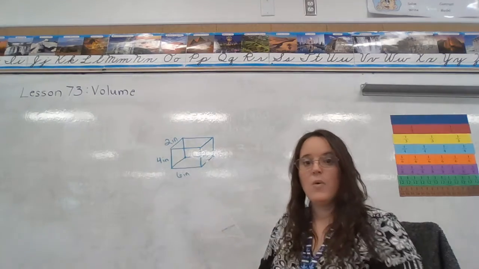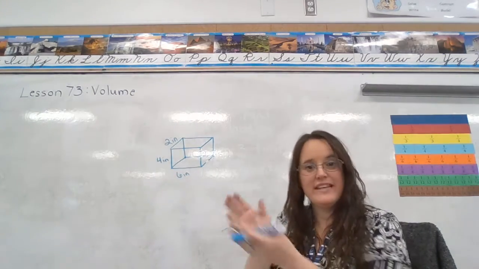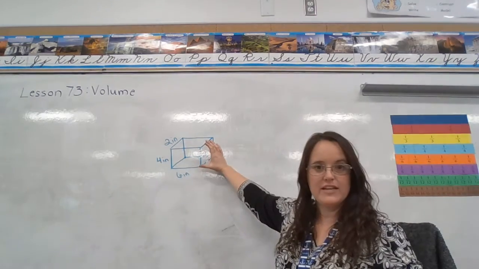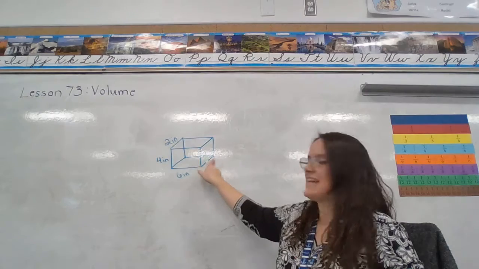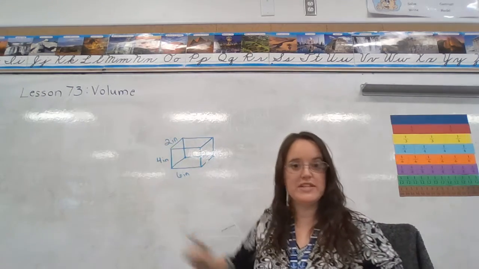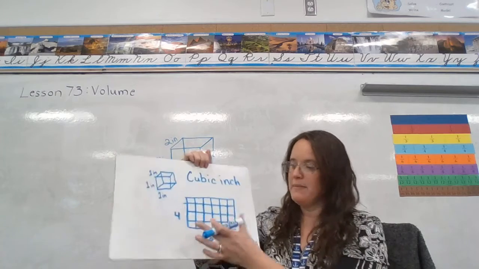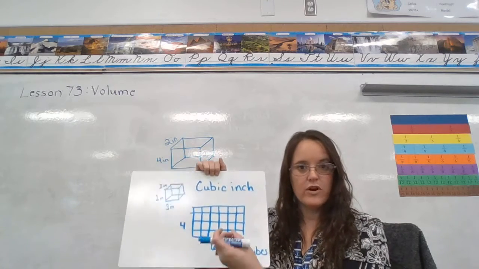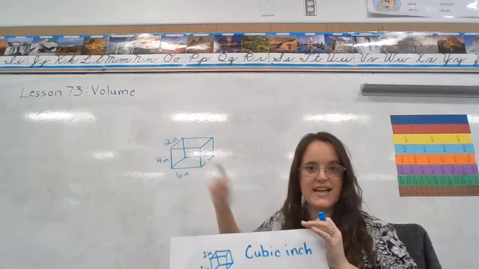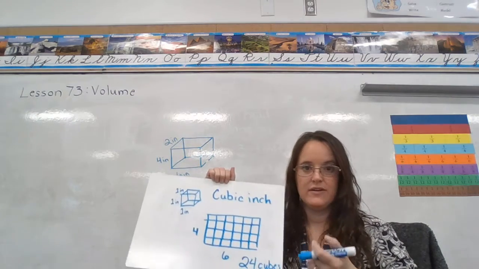Okay? Well, that's only the first layer. That's the very front of this rectangular prism. It also has a depth, over here I wrote it down, a depth of 2 inches. So how many of these 24 cube layers could I fit inside this box?